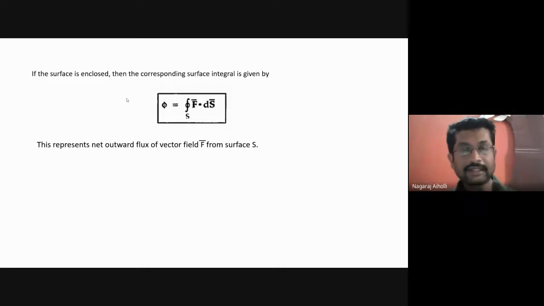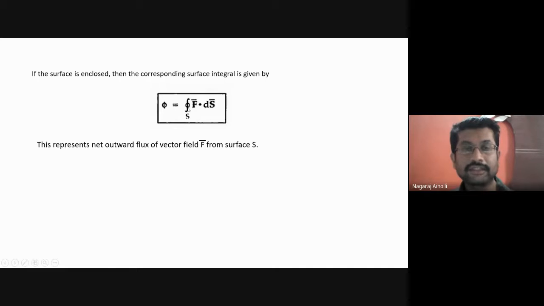Then we take the closed surface integral. If it is just a normal surface, then we take the simple surface integral. If it is a closed surface, then we go for the closed surface integral, that is f bar with respect to ds bar. The circle you see on the integral symbol represents the closed integral.